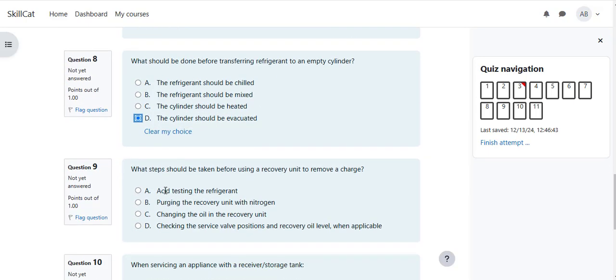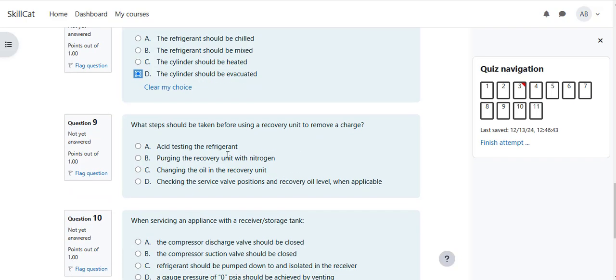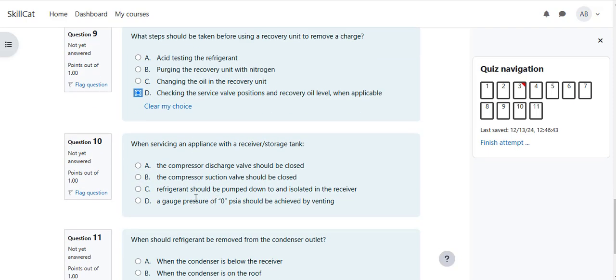What steps should be taken before using a recovery unit to remove charge? Acid testing the refrigerant, preparing the recovery unit with nitrogen, changing the oil in the recovery unit, checking service valve position and recovery oil level, when applicable.